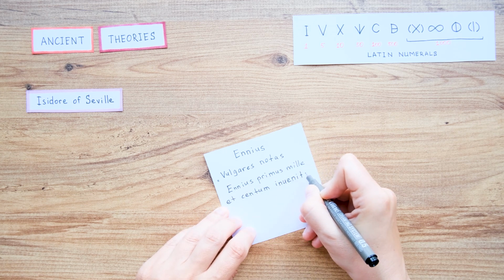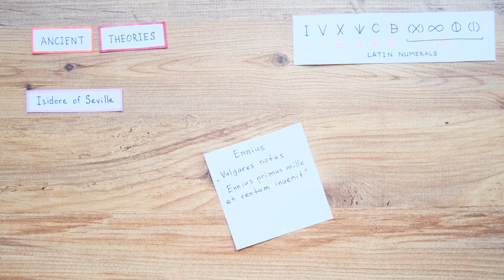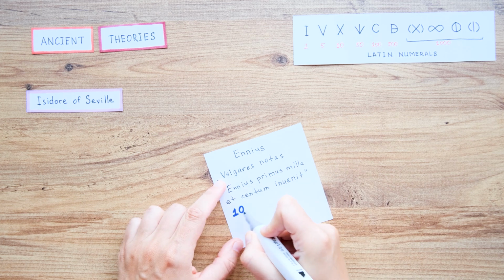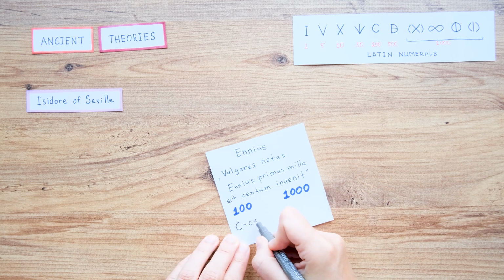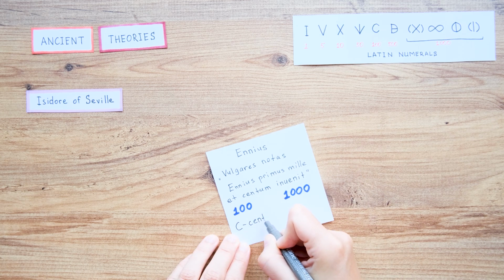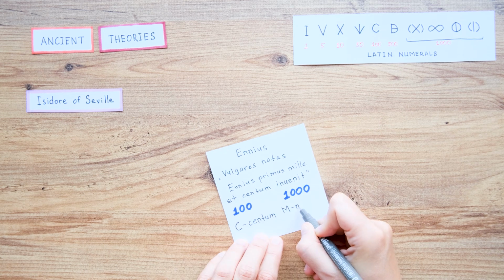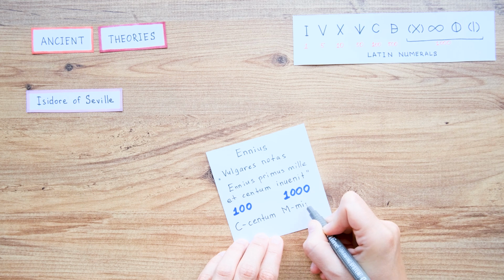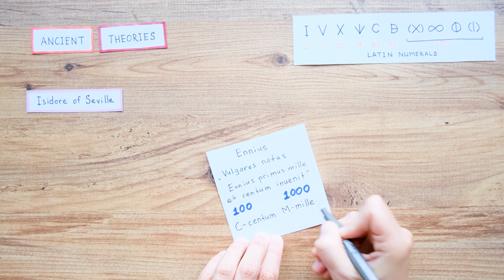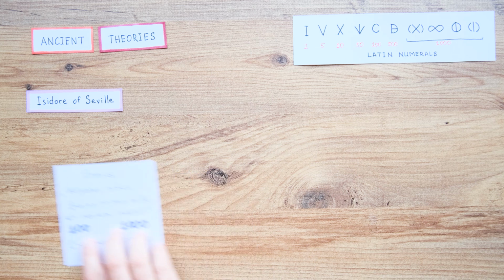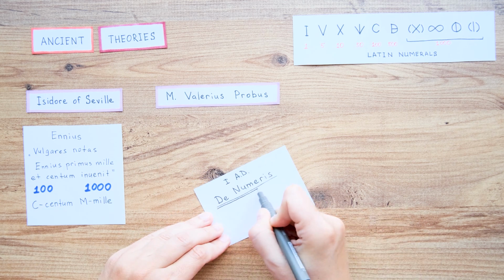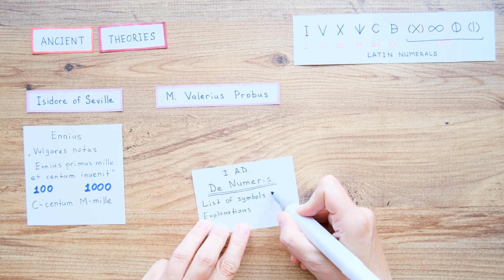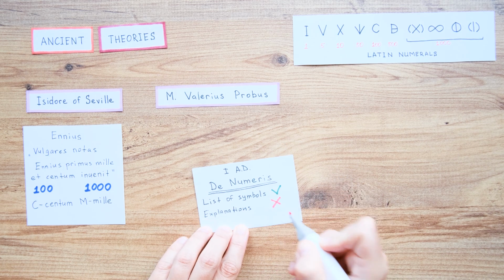That means that Ennius discovered 1000 and 100, and probably refers to the explanation of C and M. And it is supposed that it was explained with an acrophonic approach, C centum and M mille, but Isidore doesn't say anything more about this. Marcus Valerius Probus has a brief paragraph, De Numeris, which is only a list of Latin numerals, but offers no explanation of the symbols.